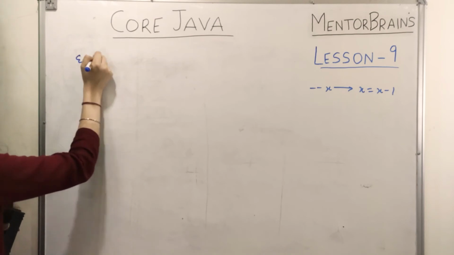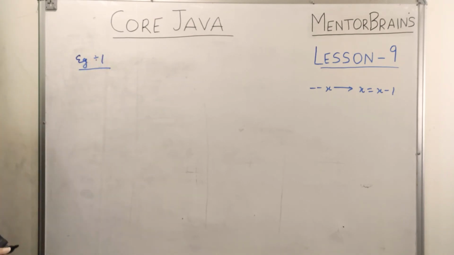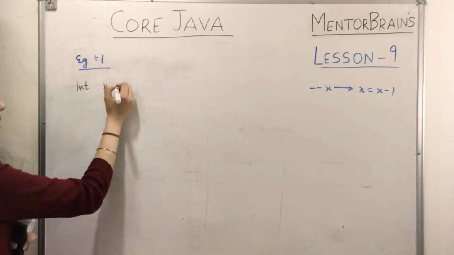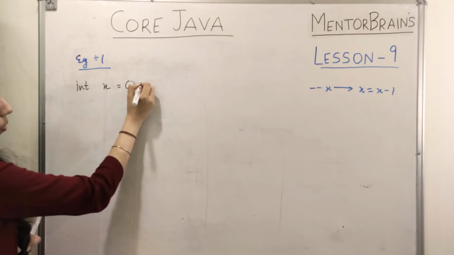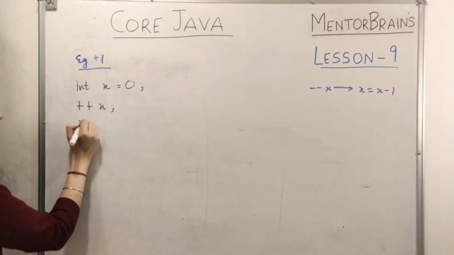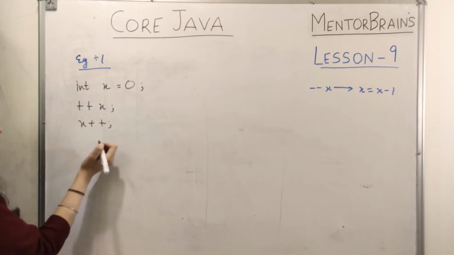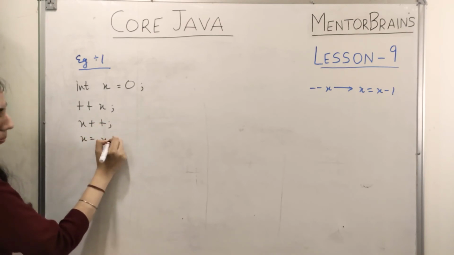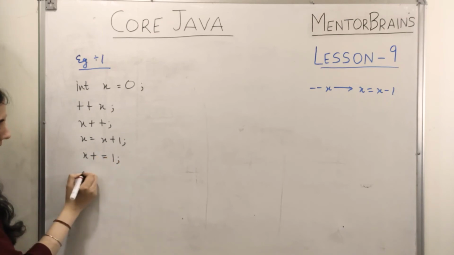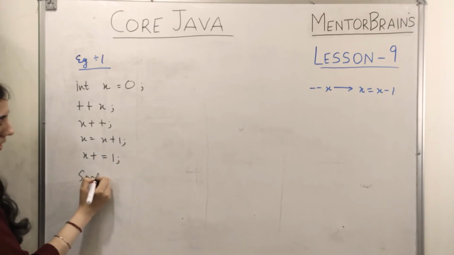So I'll give you one example and we'll see later in our classes what other things we can do. I'll execute this code on your practical BlueJ also. So int x = 0; ++x; x++; x = x + 1; x += 1; and System.out.println(x).